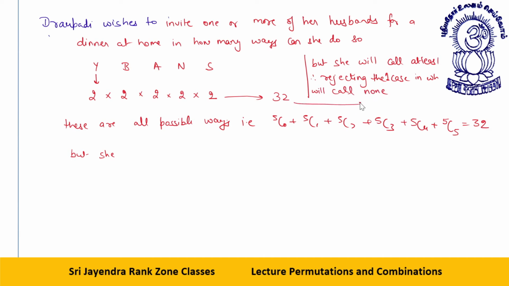So your answer will be what? 32 minus 1, that is 31. This is the answer.